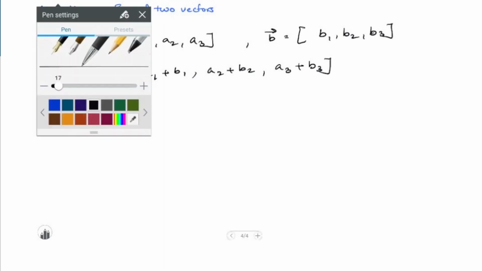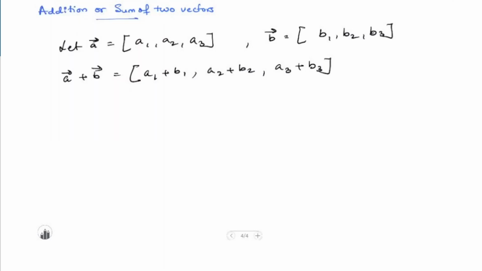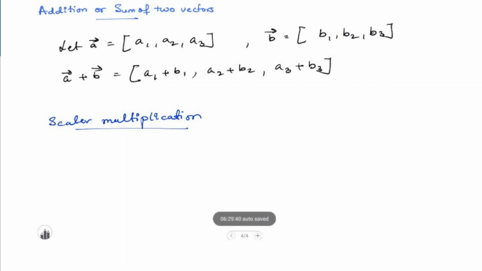Now, talking about scalar multiplication of vectors. Here, let's say we are given the vector A again as A1, A2, A3.